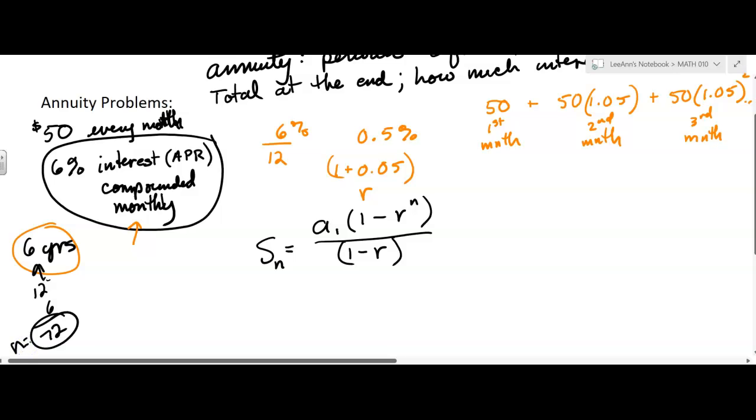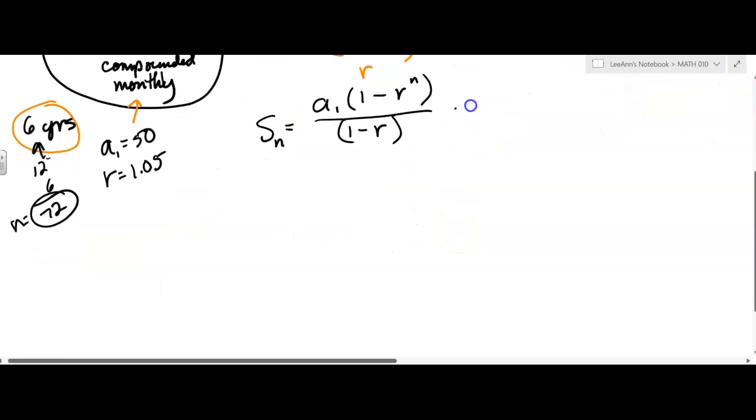Do we know the first term? Yeah, we know a sub 1. A sub 1 is 50. Okay, and then the rate comes from right here. The rate is going to be 1.05. Okay, so let's plug that all in and see what we get. So let me scroll up. So it's going to be the sum of 72 terms, and it's going to be 50 times 1 minus 1.05 to the power of 72. Oh my gosh.